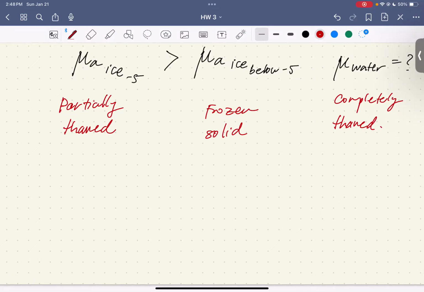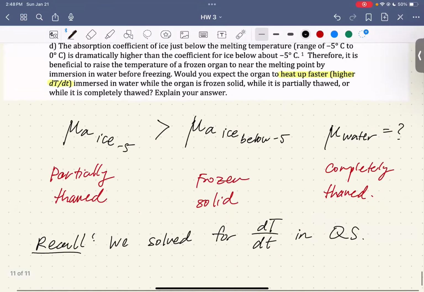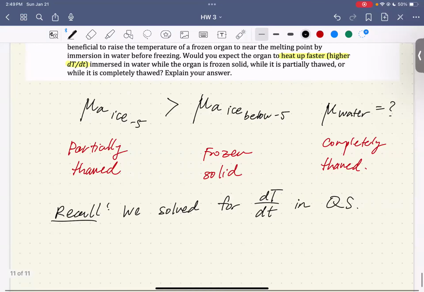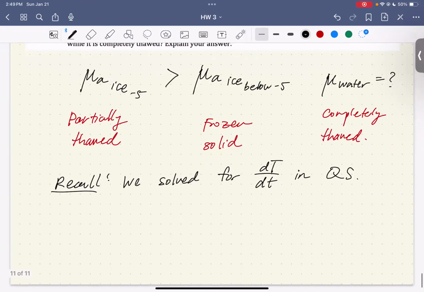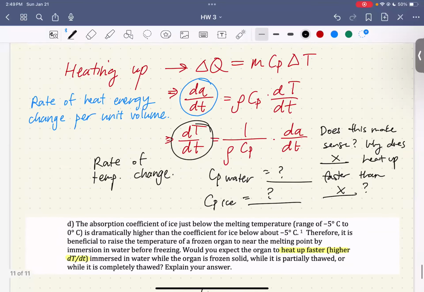We remember this dT value, recall, we solved for dT over dt in quiz section. dT over dt talks about the change in temperature over time. And we saw that it's impacted by a value called thermal diffusivity, which gives us the speed of heat transfer. And it's based on a ratio of rho Cp to K.